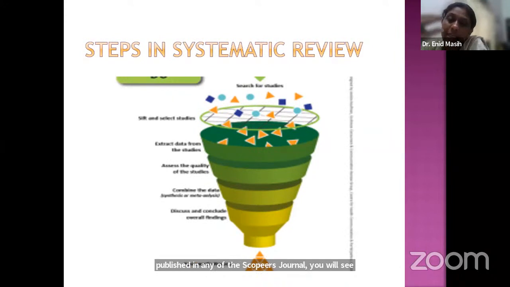Every systematic literature review starts with the idea of that question. That question is very important, and if you are not able to get the correct question, it will be difficult for you to do a systematic literature review.